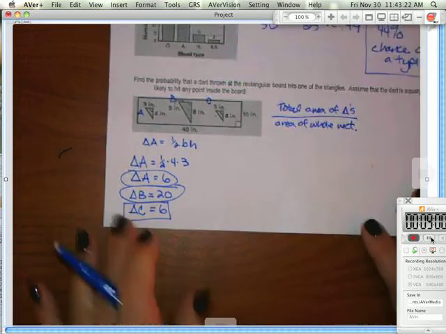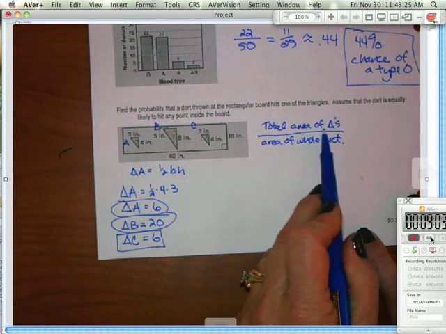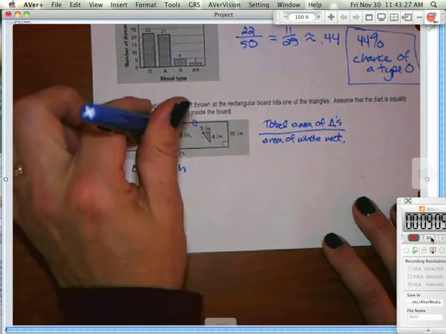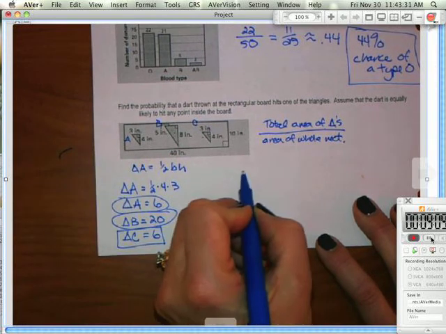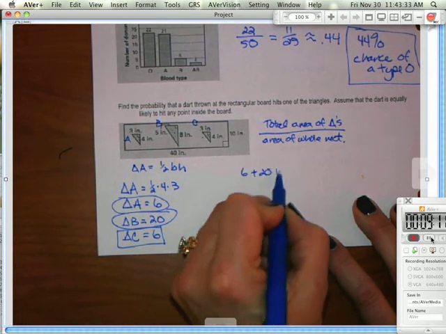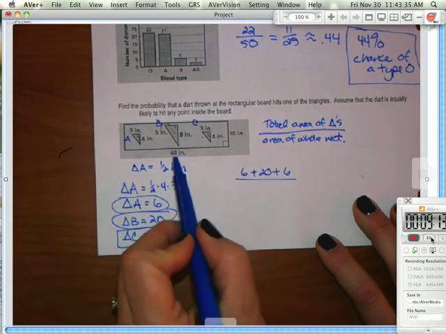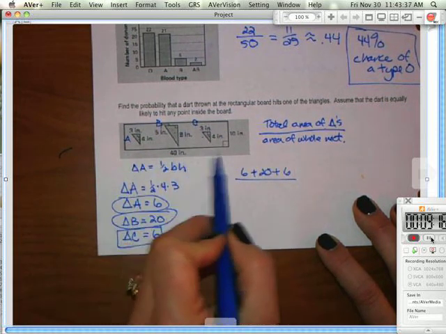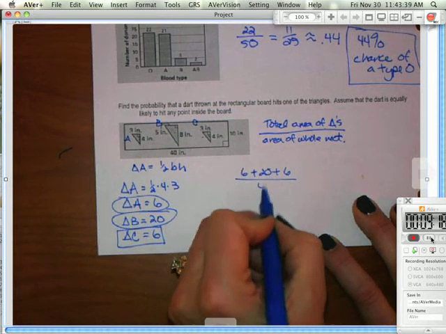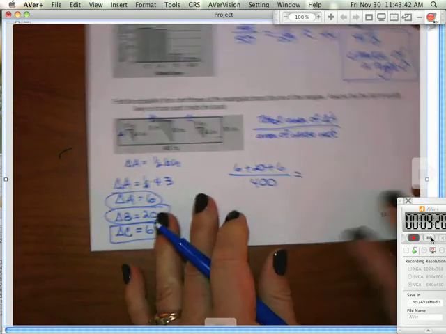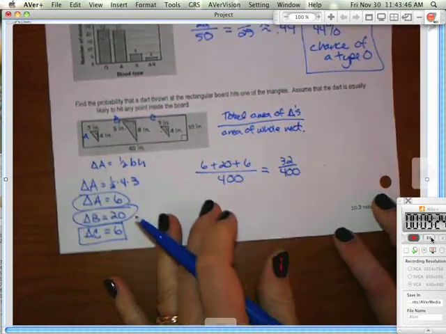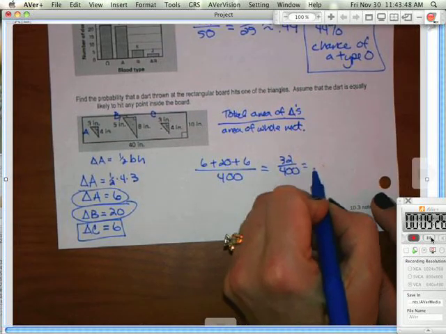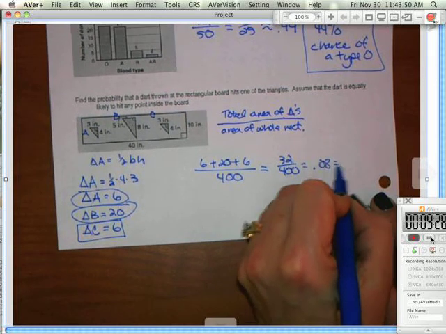So I already decided that I need to add up the area of all the triangles and put that in the numerator, because that's what I want to shoot for. So that's going to be 6 plus 20 plus 6 divided by the total area of the rectangle. 40 times 10 is 400. And so that equals 32 over 400, which is 0.08, which is 8%.